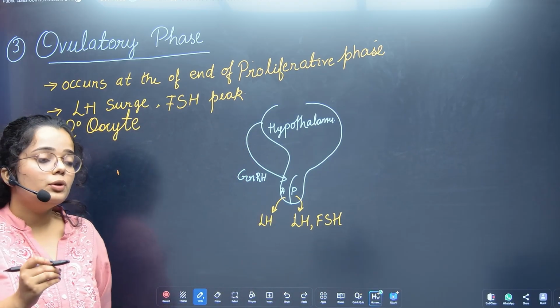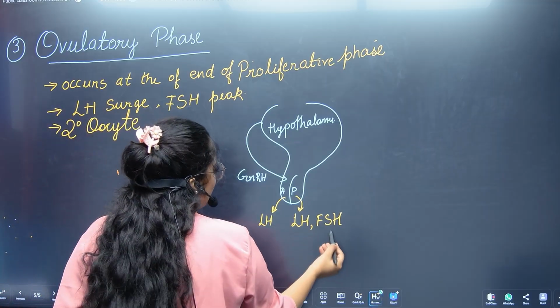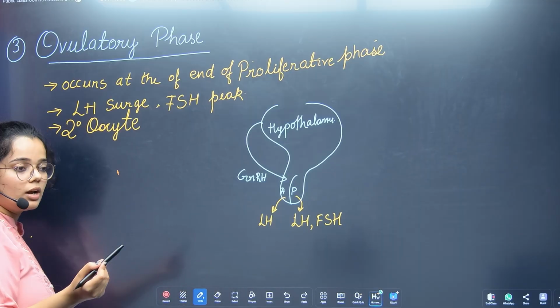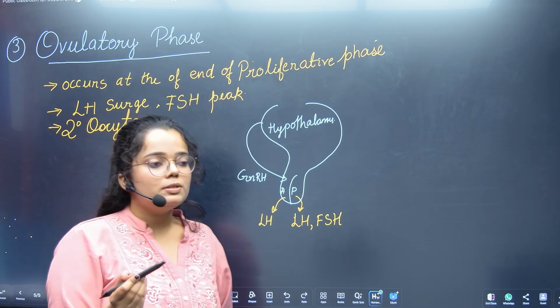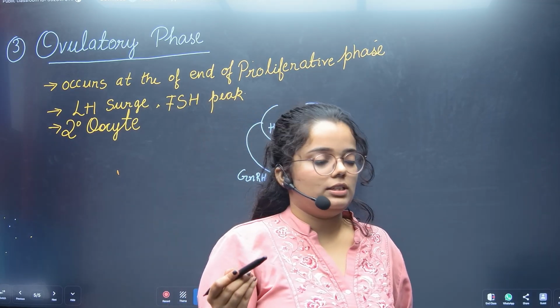Thus, at the 14th day of the menstrual cycle, there is an LH surge and FSH is at its peak, which leads to the rupturing of the mature Graafian follicle and the release of the secondary oocyte, which goes on to the fallopian tube for fertilization.